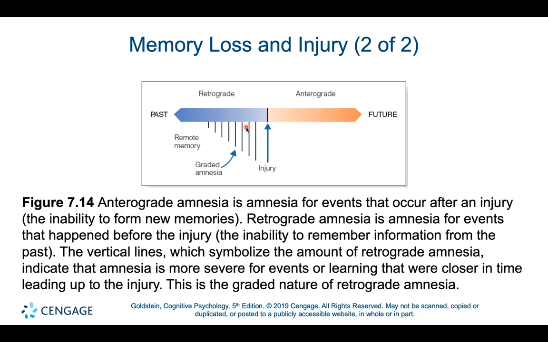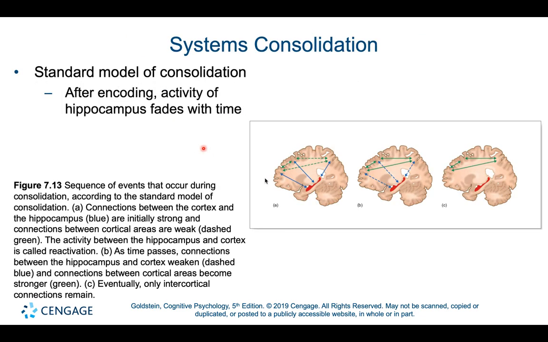But I could remember something that happened a month ago or 6 months ago or a year ago or 5 years ago, right? The remote memories were safe because they were already consolidated. They were already hooked up from this hippocampal activity. Those remote memories were already solidified in the cortex.